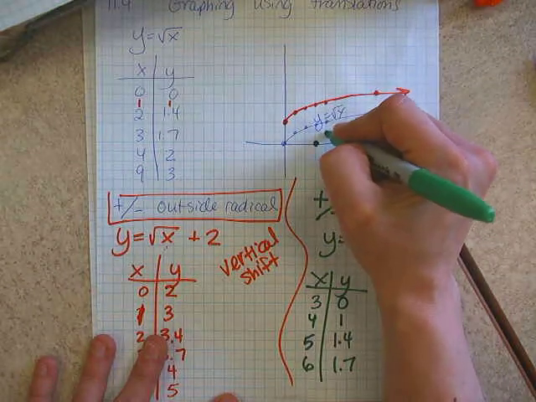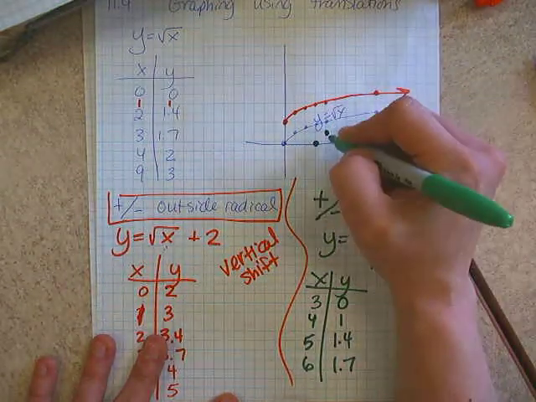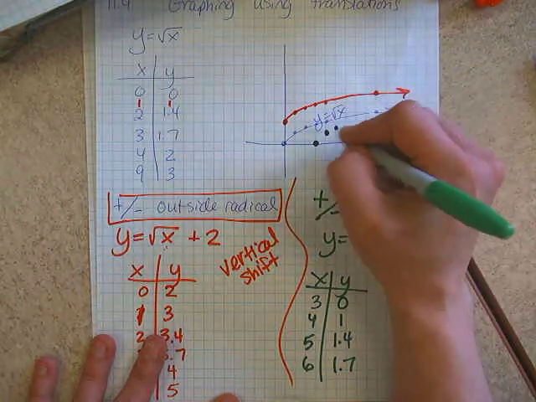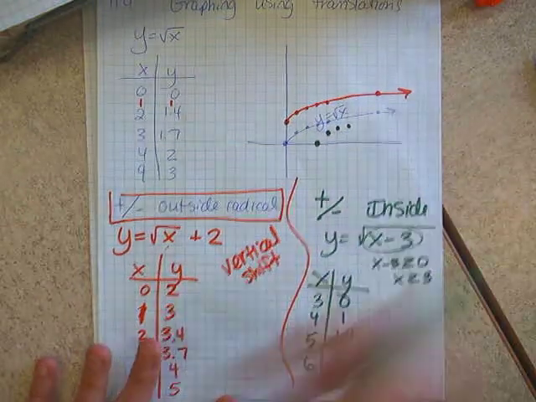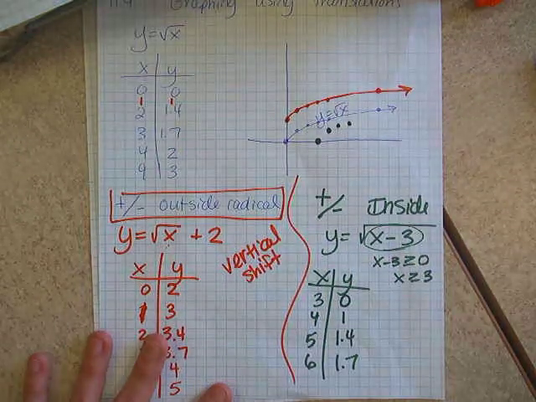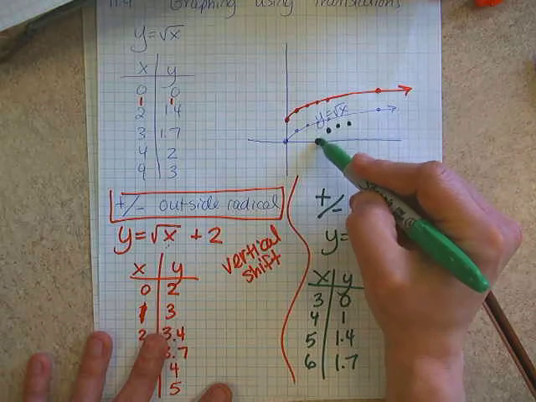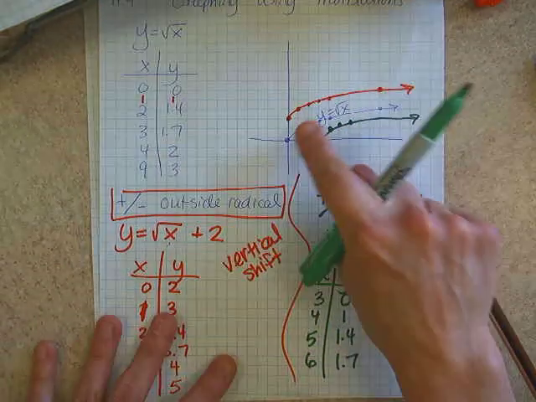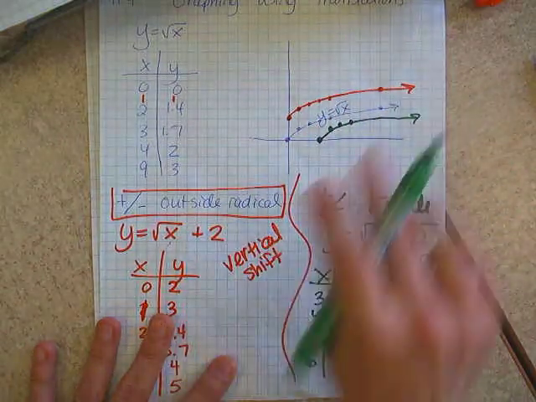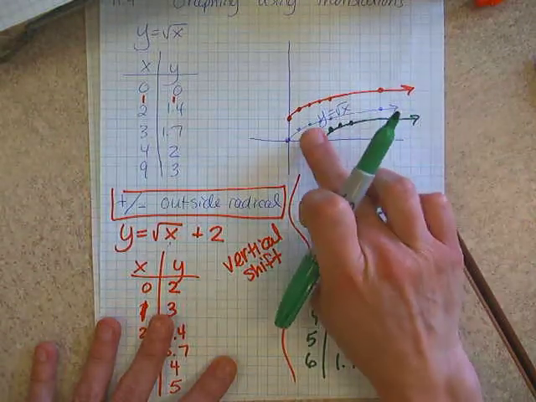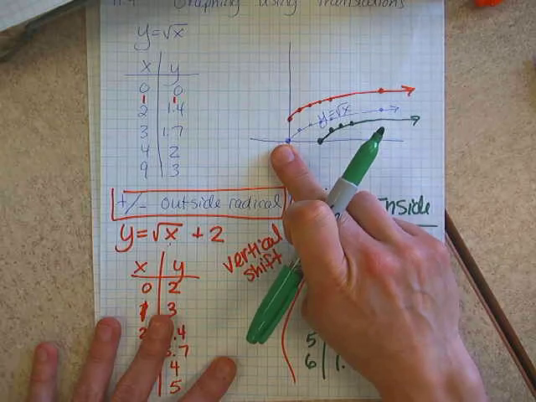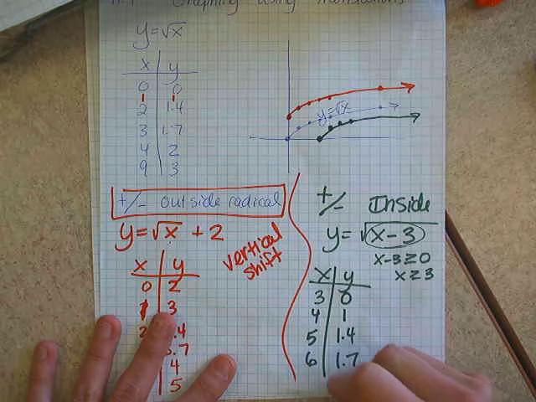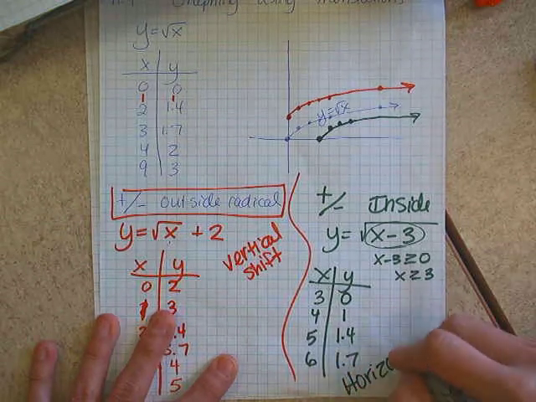If we graph this, we're over 3, up 0, over 4, up 1, over 5, up 1 and 1.4, over 6, up 1.7. So if I connect those, now go back to my original graph. What happened to get me here? Look at my starting point.